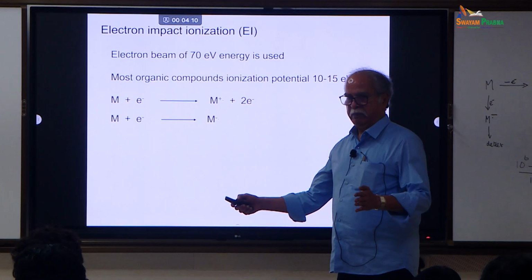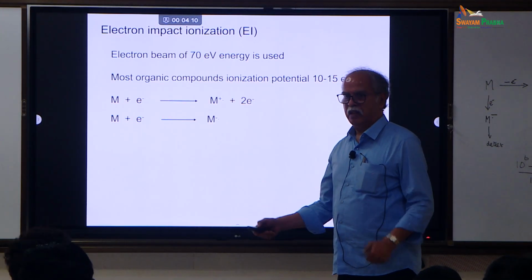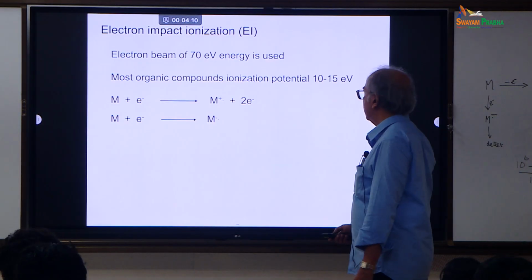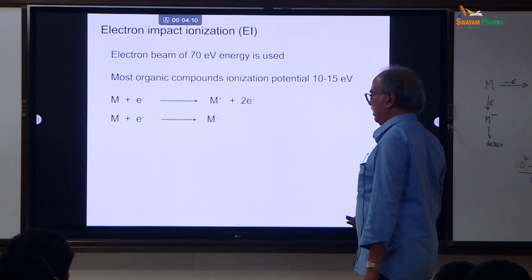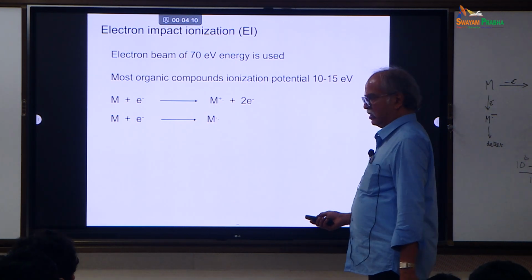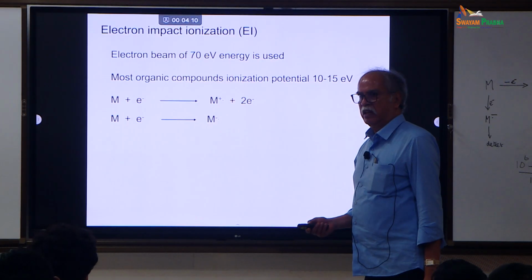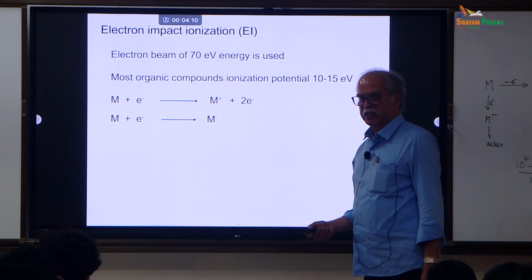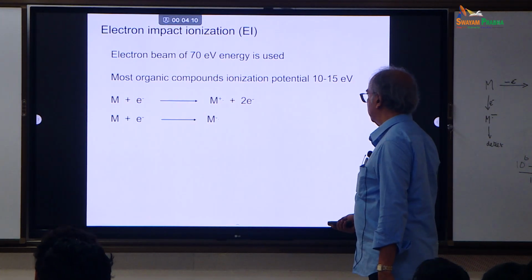You just accelerate between two poles, pieces of an electric field. For most organic compounds the ionization potential is 10 to 15 electron volts. So 70 electron volts is just too much to put in, and it will tear the molecule apart. That is what happens most of the time.